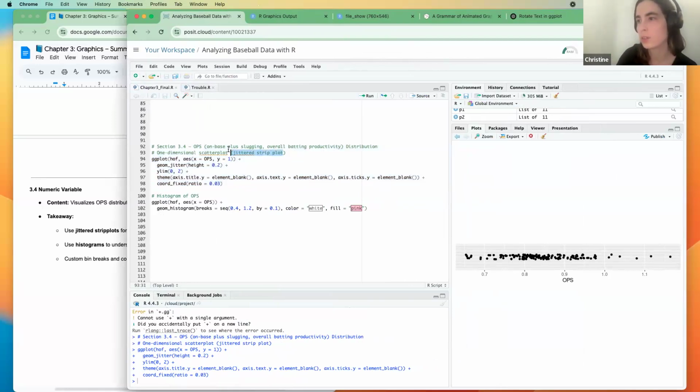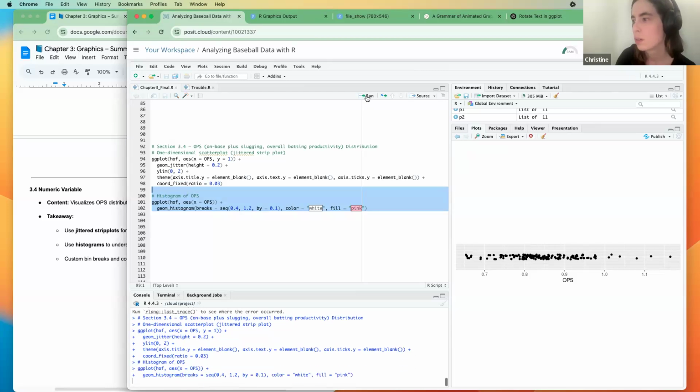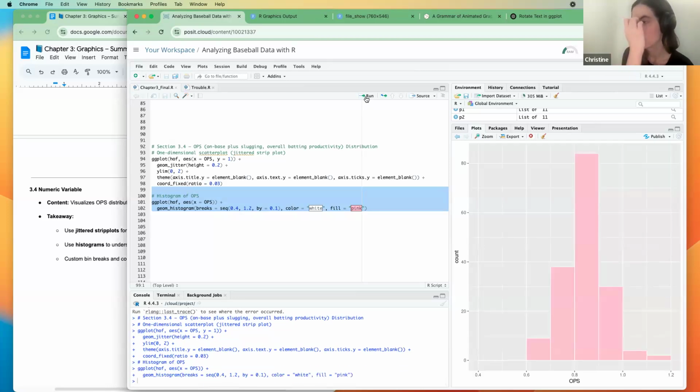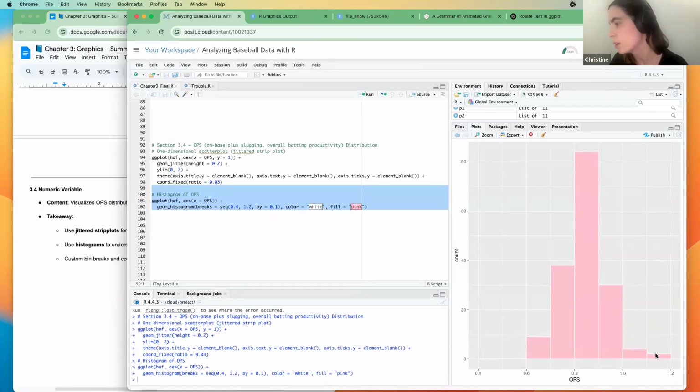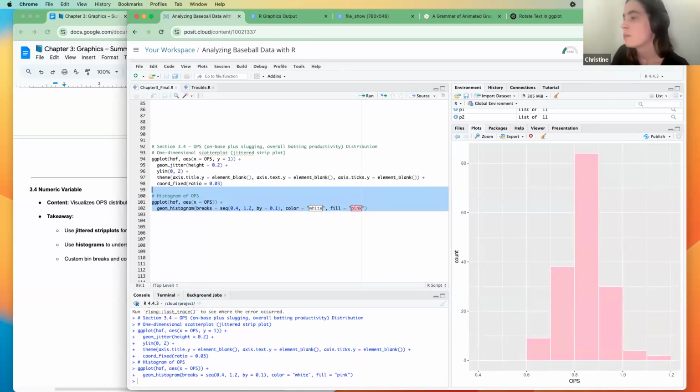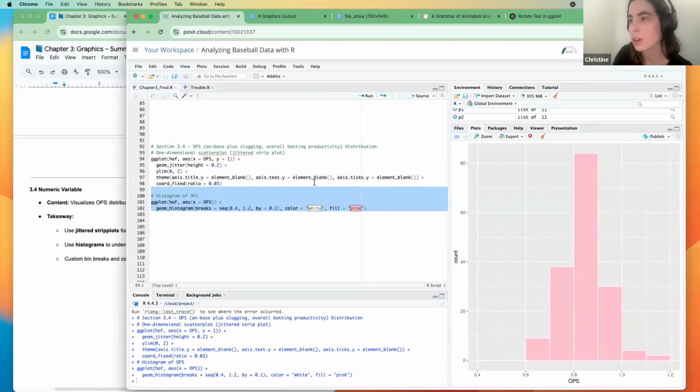I hadn't really used strip plots before. And then we created custom breaks for the bins and created a histogram there. Yeah, it's interesting to see, it's kind of a normal curve with some outliers up here with that aggregate score for batting productivity.